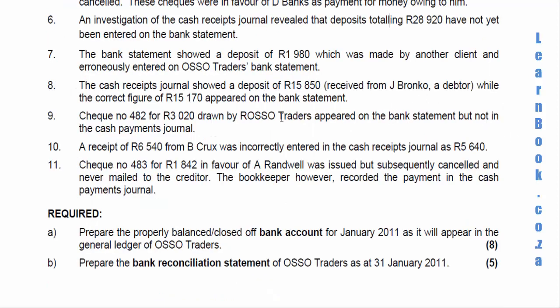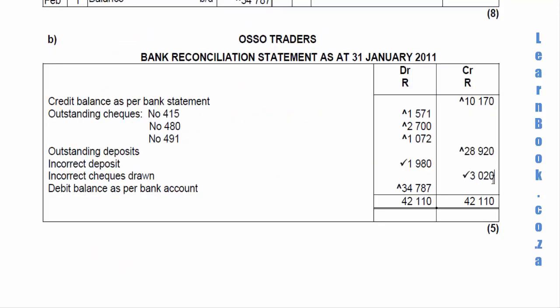Number 9, check number 482 for 3,020 drawn by Osso Traders appeared on the bank statement but not in the cash payments journal. We have now got to put 3,020 Rand on the credit side, as this was an incorrect check drawn, and we are waiting for this money to be put back into the bank statement, as we will not update this since the check was drawn by mistake.